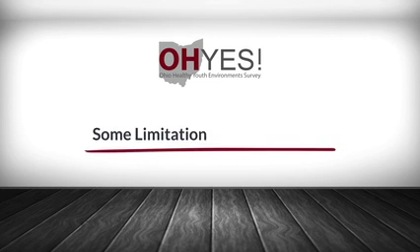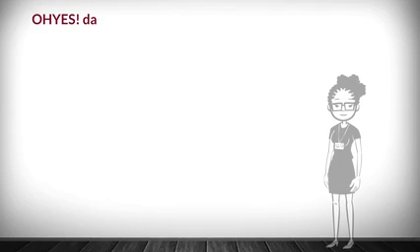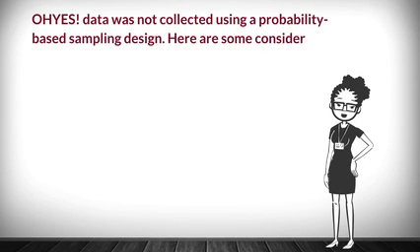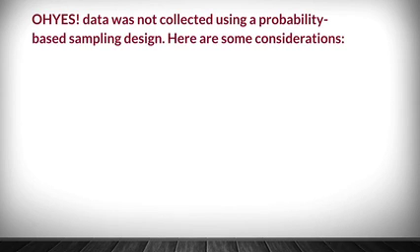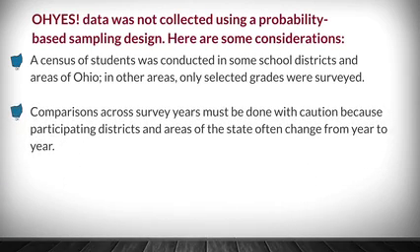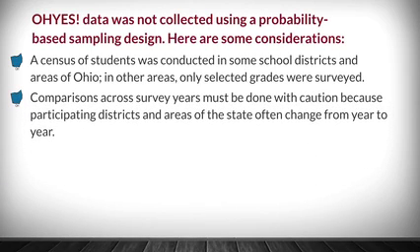Some limitations to keep in mind. OHYES data was not collected using a probability-based sampling design. Here are some considerations. A census of students was conducted in some school districts in areas of Ohio. In other areas, only selected grades were surveyed. Comparisons across survey years must be done with caution because participating districts and areas of the state often change from year to year.